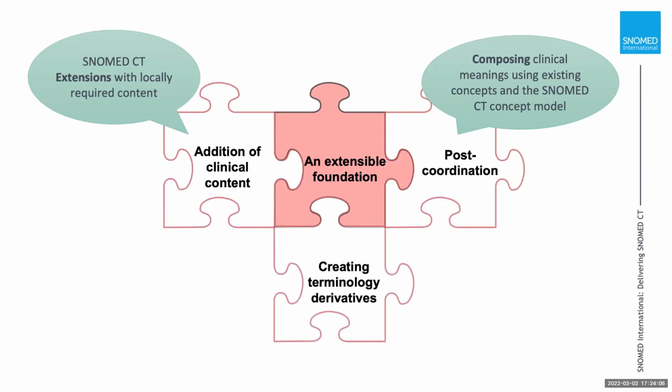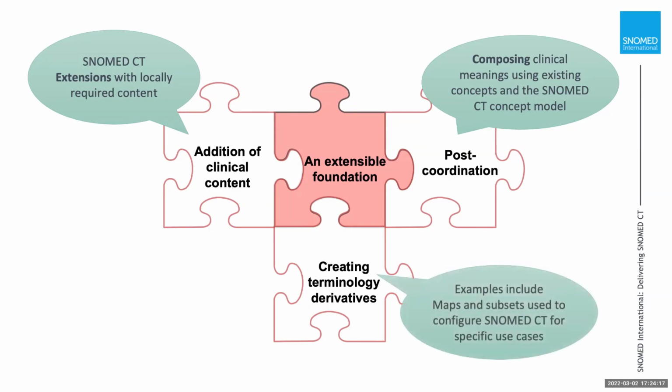The third approach to using SNOMED CT as an extensible foundation is that you create terminology derivatives that may be suitable in your context. An example of this would include maps to or from SNOMED CT and the code systems that you may already be using.